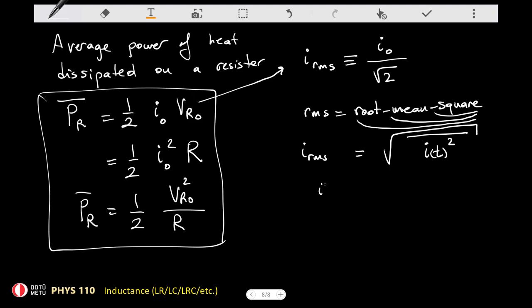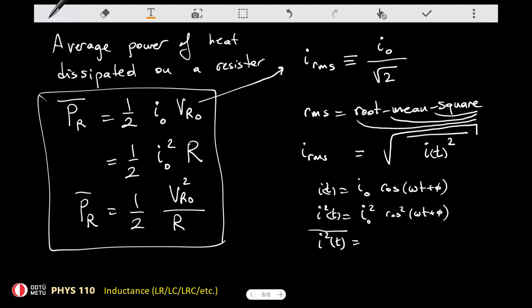For the current, of course, the current is equal to I0 times cosine something. So the square of the current is I0 squared times the square of the cosine. The mean of the square is I0 squared times 1/2.